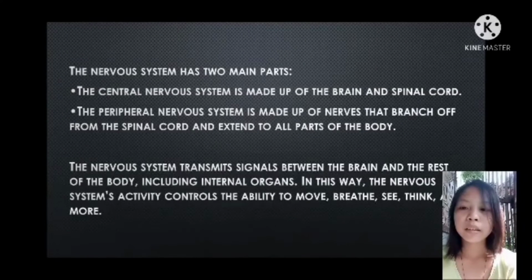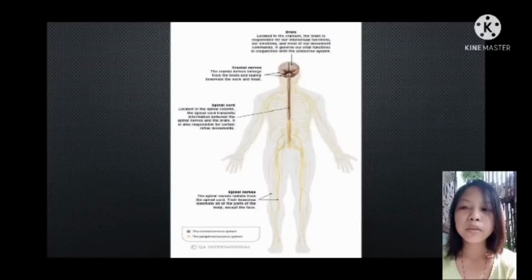Brain. Located in the cranium, the brain is responsible for our intellectual functions, our emotions, and most of our movement commands. It governs our vital functions in conjunction with the endocrine system. Cranial nerves. The cranial nerves emerge from the brain and mainly innervate the neck and head.